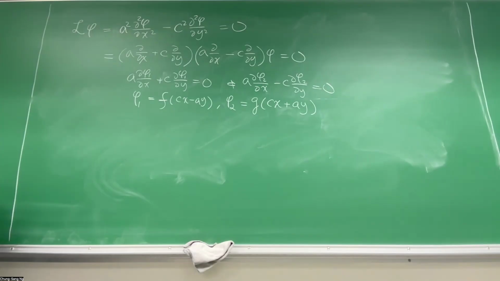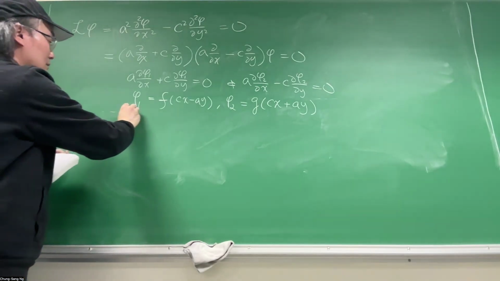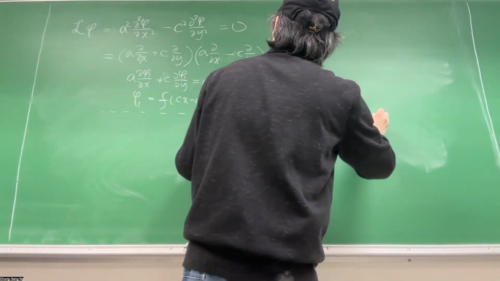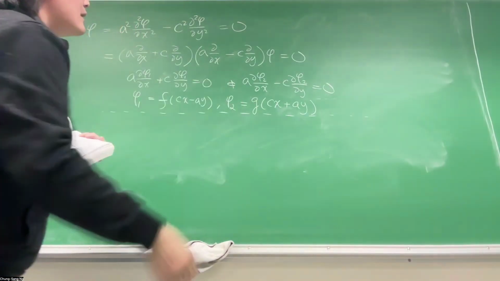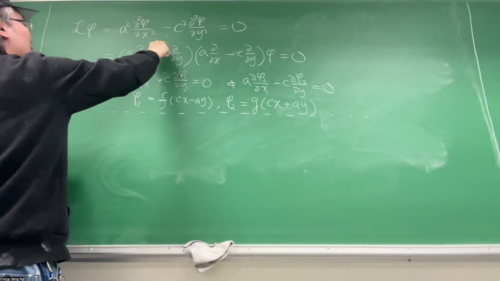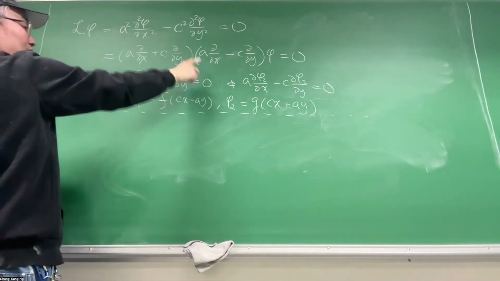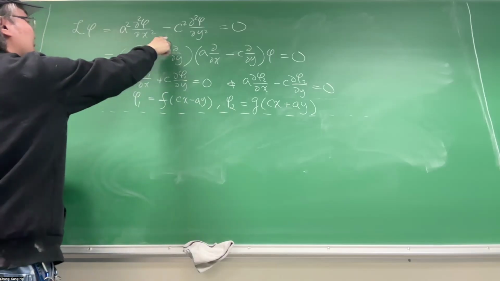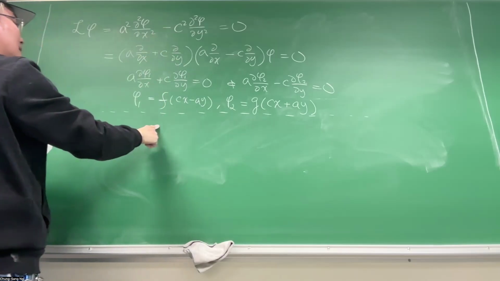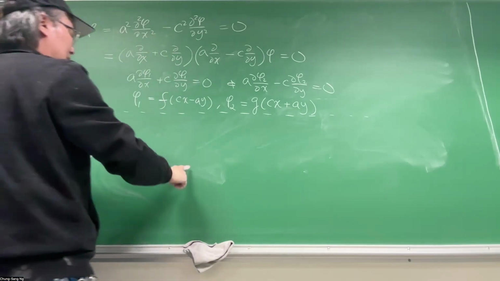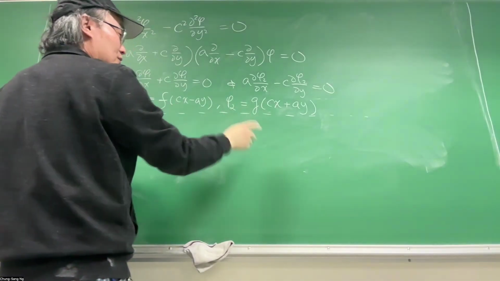Okay, and now the next discussion is changing this sign. At first, you might be wondering why we chose a negative sign, because the negative sign problem will give you a solution of this form.